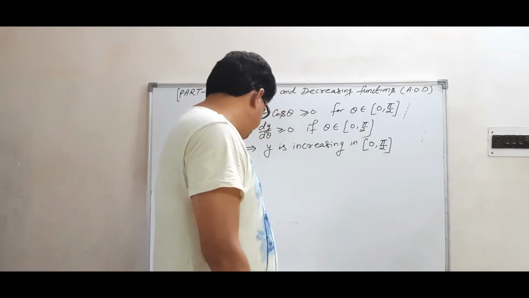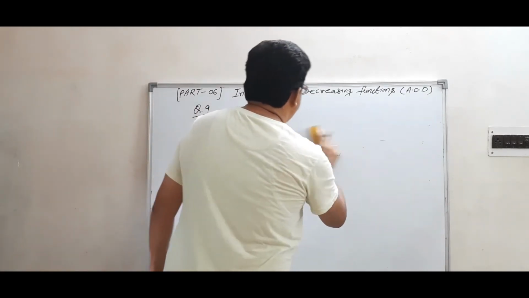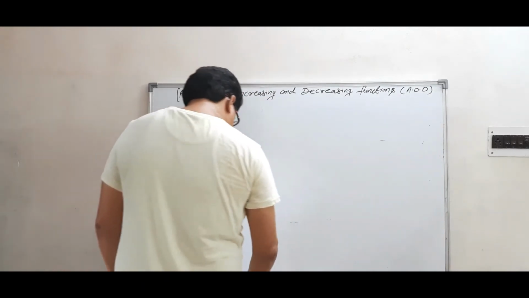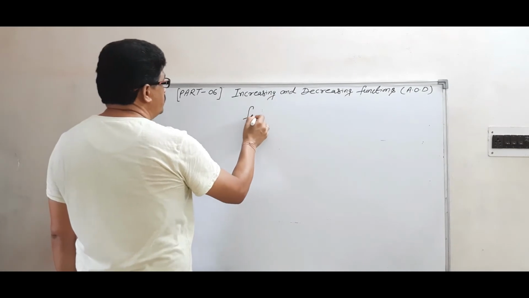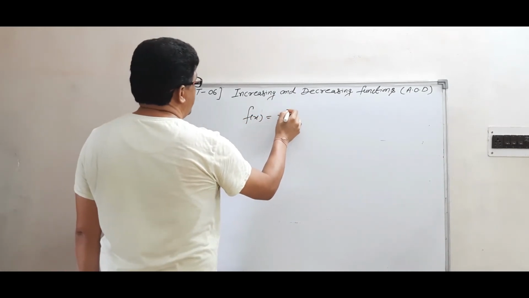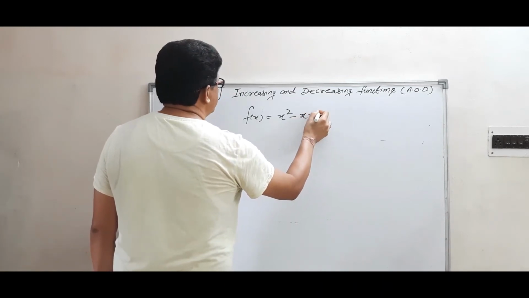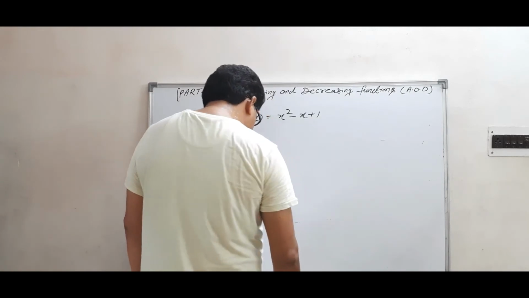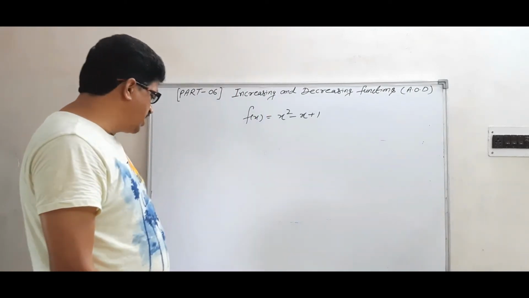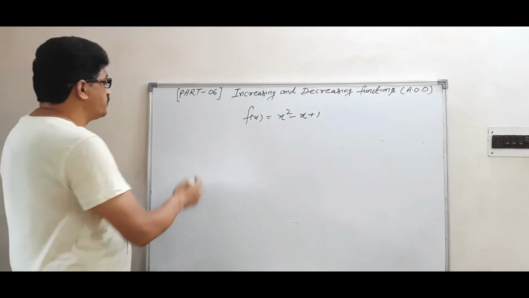Next question. Question number 11. f(x) is equal to x square minus x plus 1 is neither strictly increasing nor strictly decreasing in the interval minus 1 and 1. Question number 11.